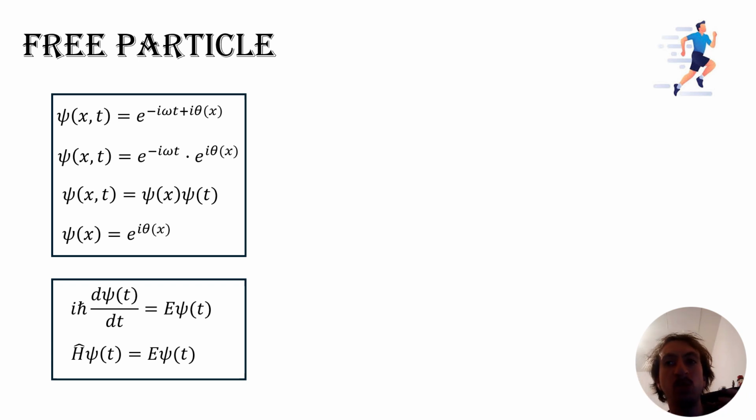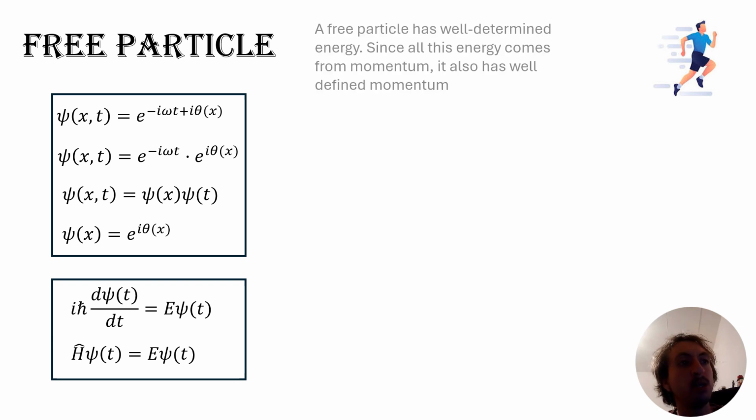Space is playing no role in working out the energy of our particle. And that's telling us something very special about the link between energy and time. So we know that our free particle is going to have well-determined energy, so it's going to obey Schrödinger's equation.